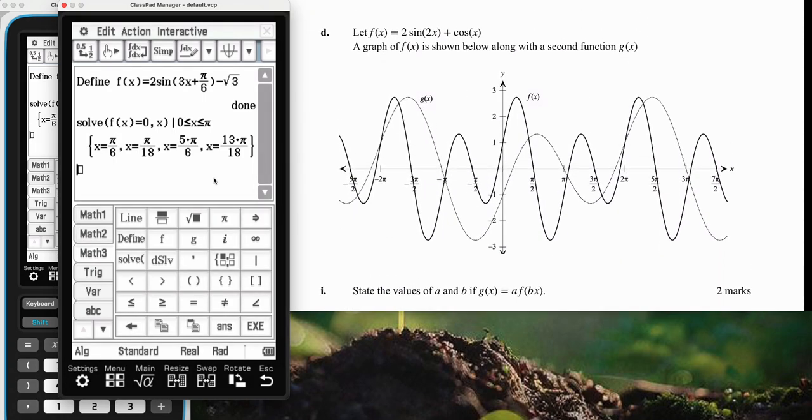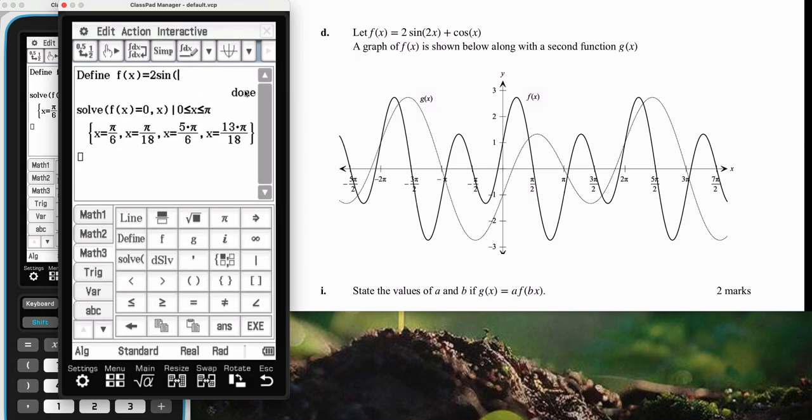So we're going to the last one apparently. Put in the function. Define it.